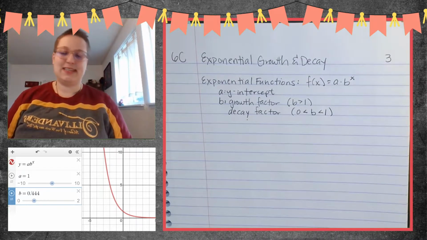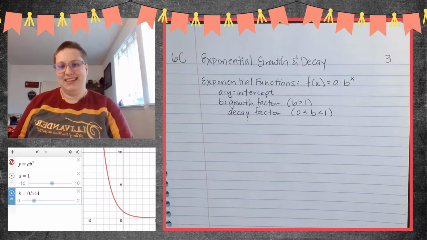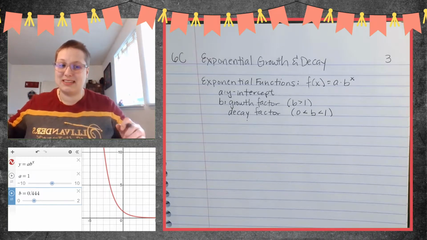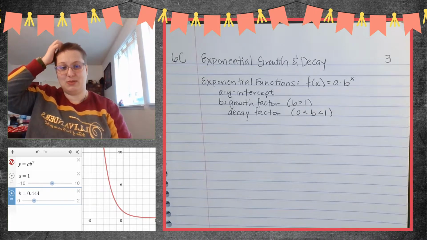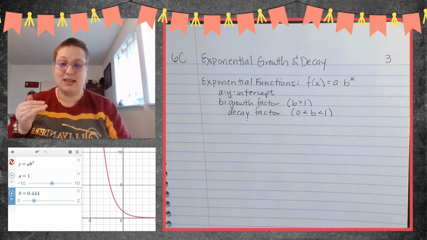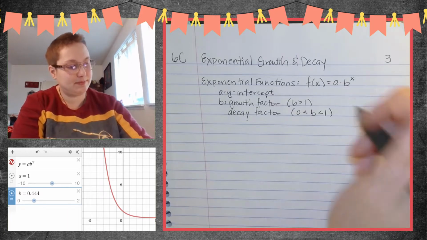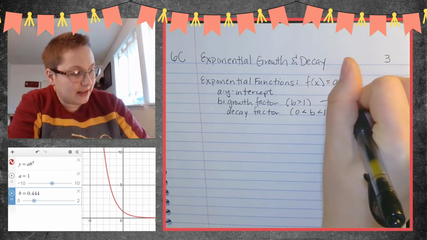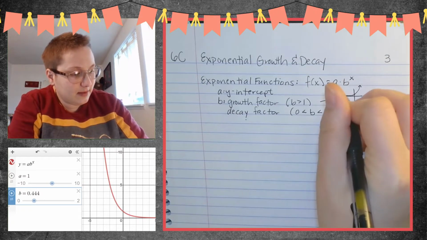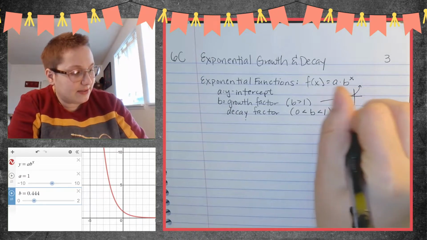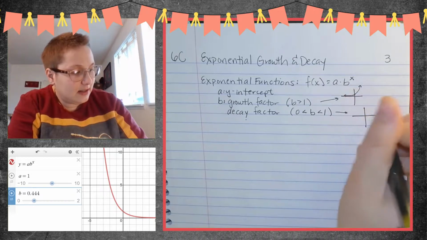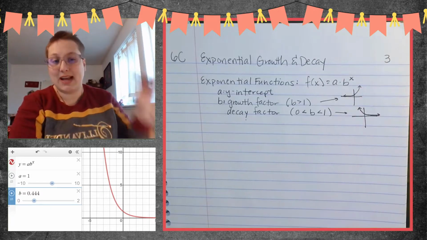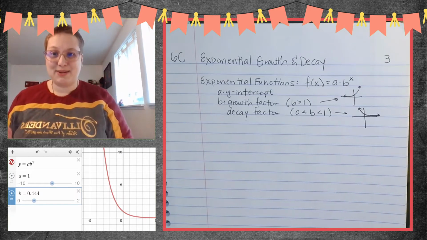When it's negative, it gets weird because sometimes it works and sometimes it doesn't. But we'll talk about all the transformations in a second. What's happening right now is that it's getting bigger or smaller. So the growth graphs are flat on the left and then go up, and the decay graphs come down and then are flat on the right. That's the difference between a growth and a decay.